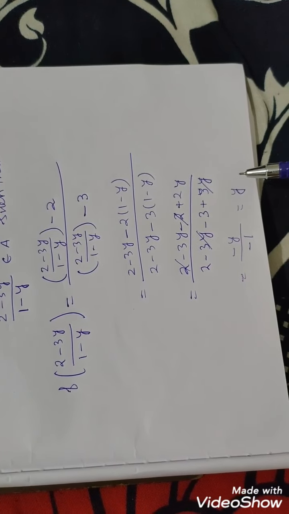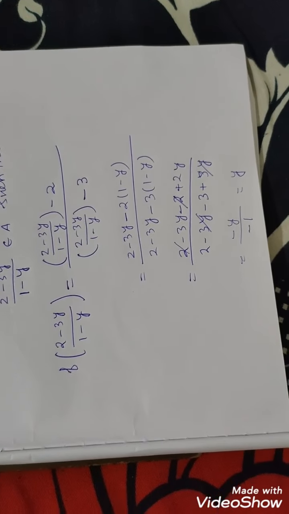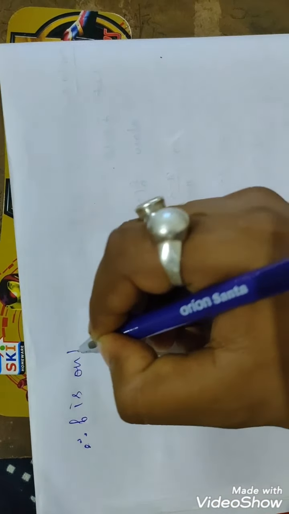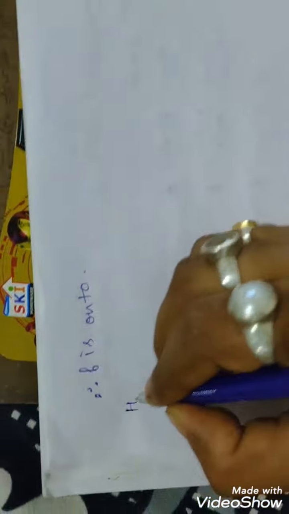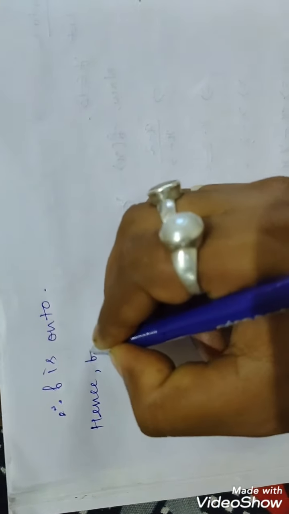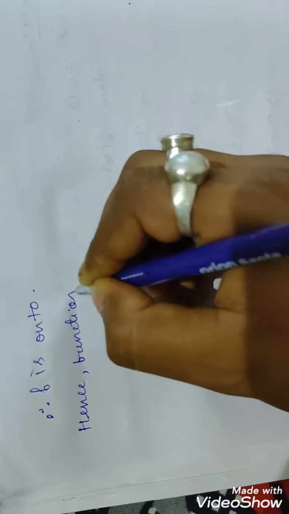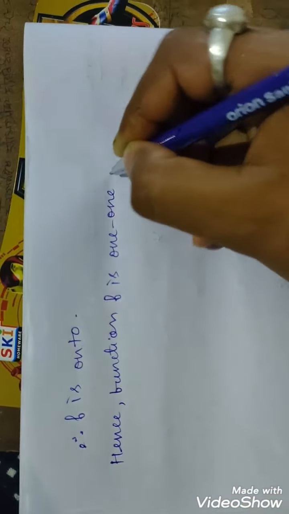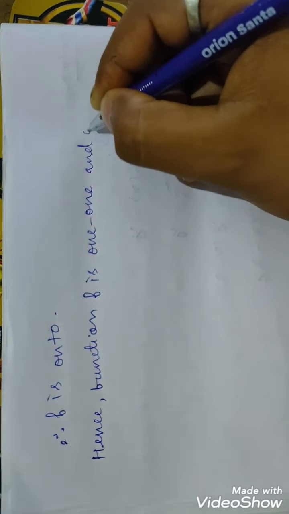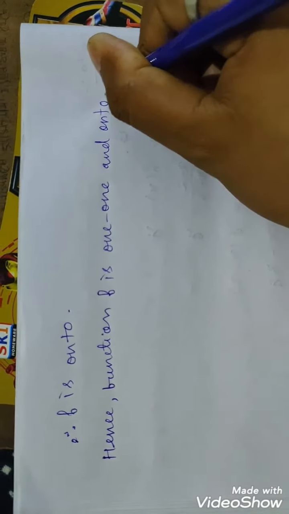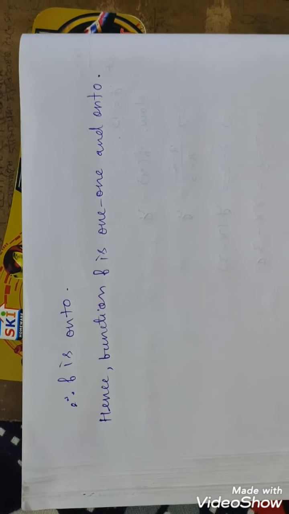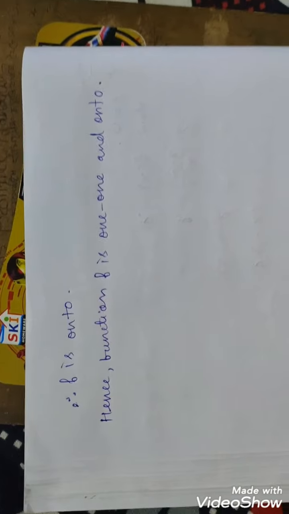Therefore f is onto, hence function f is one-one and onto. Clear? The next question I will discuss in the next class.